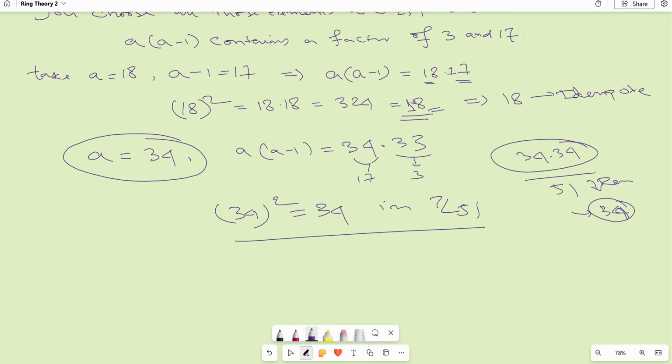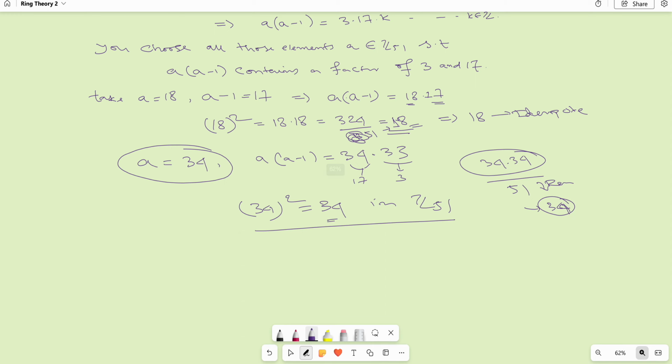That is why I have written 34 in Z51, because 34 into 34 will not itself be a member of Z51, but whenever you divide it by 51, the remainder is a member of Z51, and the remainder will be 34, right? Similarly for 18 also, after dividing by 51, you will get the remainder as 18, right? So this is one way of doing it, right?